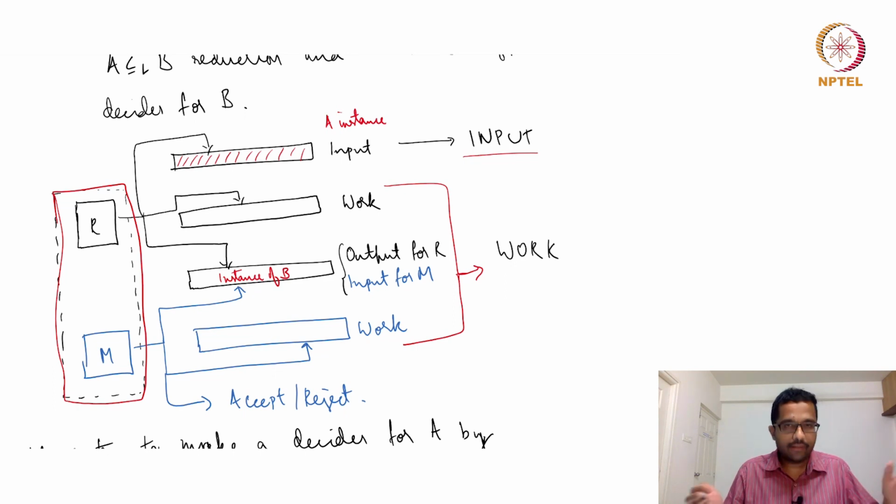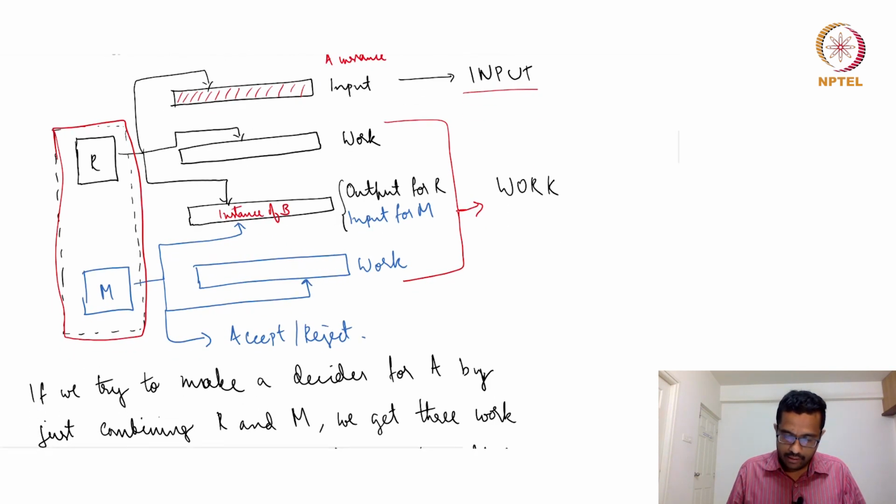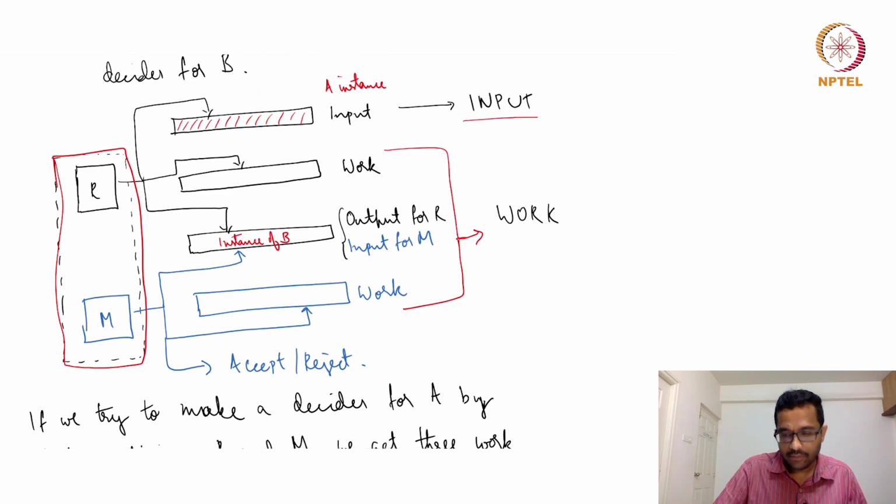Because if you see the two machines together, these two are work tapes which are read-write, and this output for R and input for M is being written to by R and read by M. So this is effectively a read-write tape once you combine them. So the work tape contains all of these three things, and as we already saw, suppose the A instance is of length n.